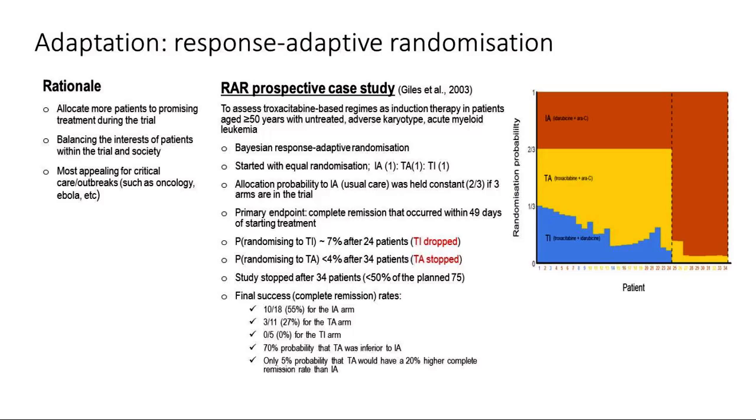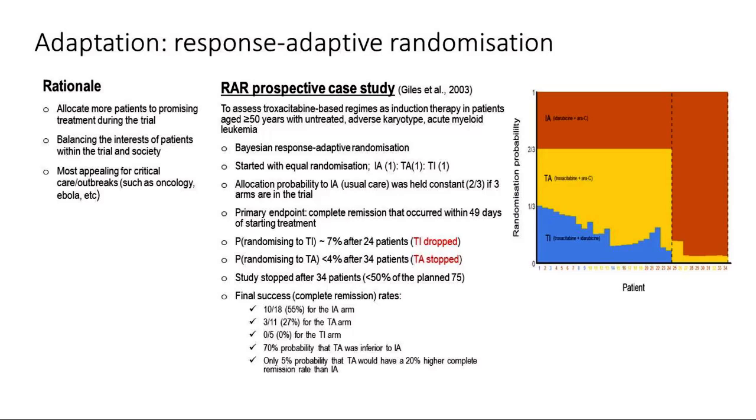So they looked at the probability of observing results, right? In this case, they looked at the probability of success in the final treatment compared to the control in the IA treatment group.